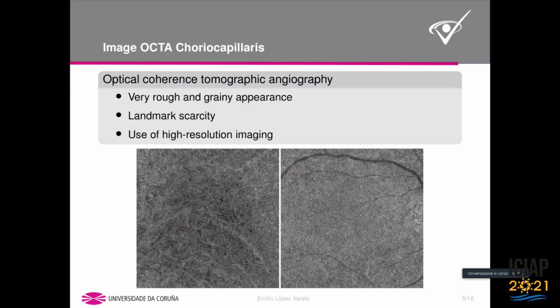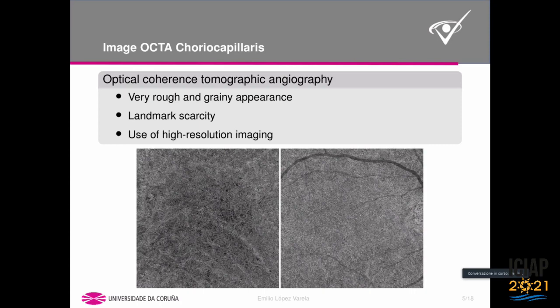So, to solve these inconsistencies and to be able to compare the distribution of flow voids in a proper way, one could, for example, make a deformable image registration. But these images contain features and characteristics that greatly affect the performance of this registration. First of all, the characteristics I mentioned before: they are very raw images with a granular appearance and multiple local deformations.